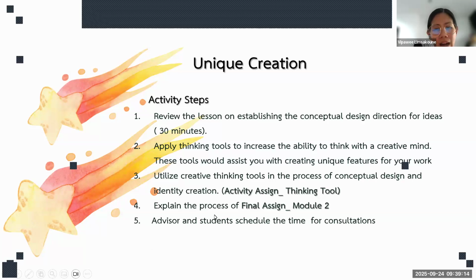Regarding the consultation, I will do it similarly to module 1, where I will send you the Excel sheet so that you can schedule a time and do a draft. Then you could send it to my email or my Line account, and I can provide feedback when I'm available. Or if you come on the consultation day you scheduled with me, you could show me the draft. That's okay too, but I do prefer in advance, which would be helpful for me.